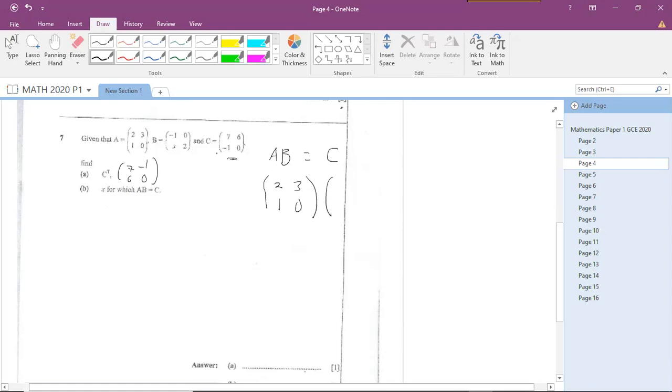Matrix B is negative 1, 0, x, and 2, which will be equal to matrix C, which is 7, 6, -1, 0. Just by arranging things like this, the examiner will probably give you half a mark.